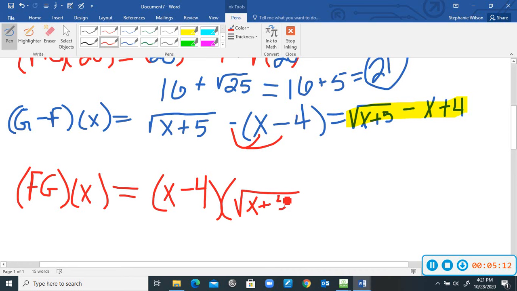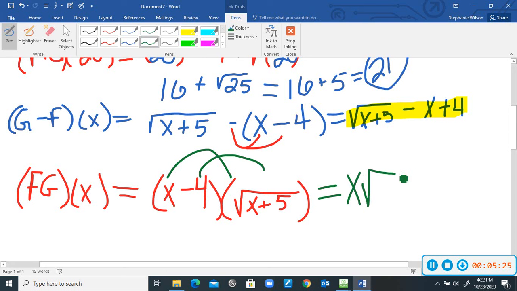So now I'm going to multiply. That means I have to distribute the X to the square root and the negative 4 to the square root. So that gives me X square root of X plus 5 minus 4 square root of X.